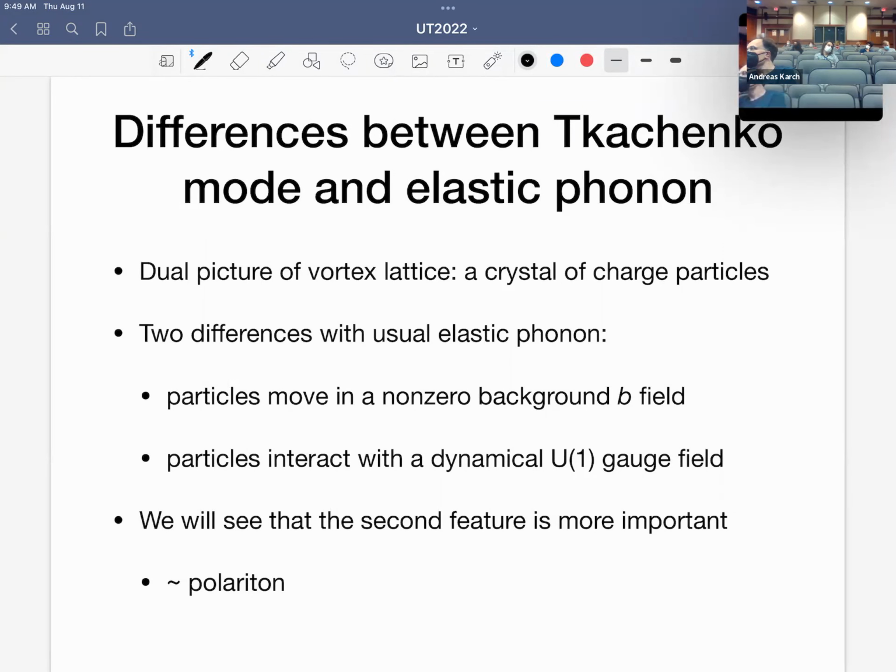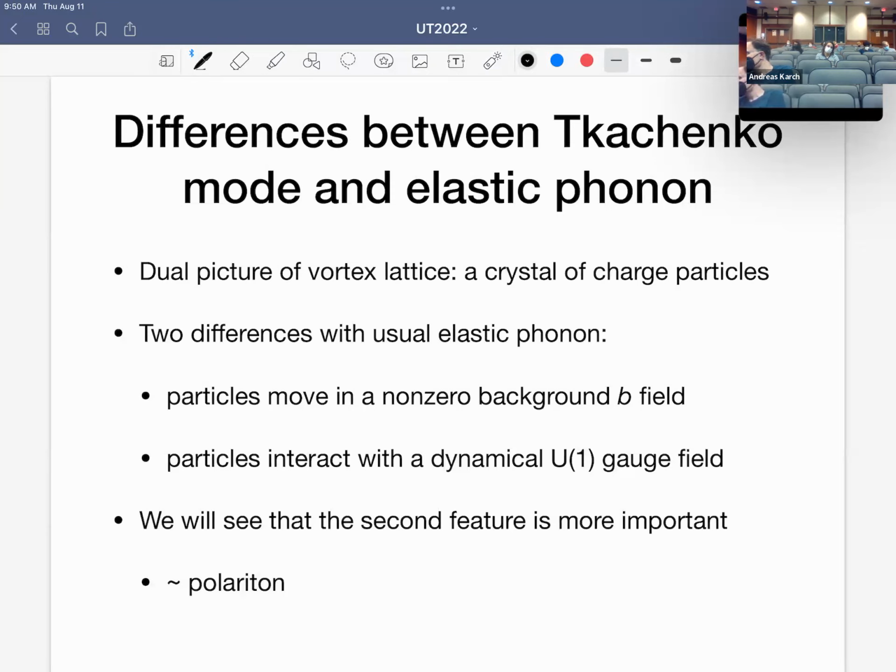So now we can list the differences between the Kohn mode propagating on the superfluid vortex lattice and the usual sound wave propagating in a solid. In the dual picture, we have a vortex lattice, which is a lattice of charged particles.